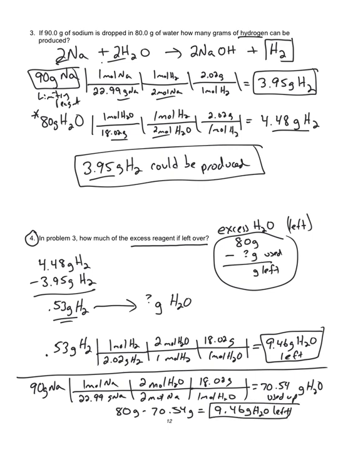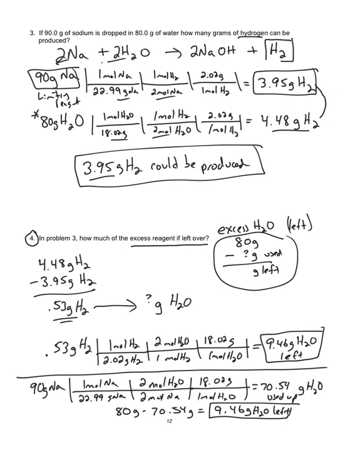You can see both ways give me the same exact answer. Pick the way that makes the most sense to you. In the first way, I subtracted the amount of products to figure out the amount of product that is unattainable, and then worked backwards to figure out how much excess reactant must be left over.